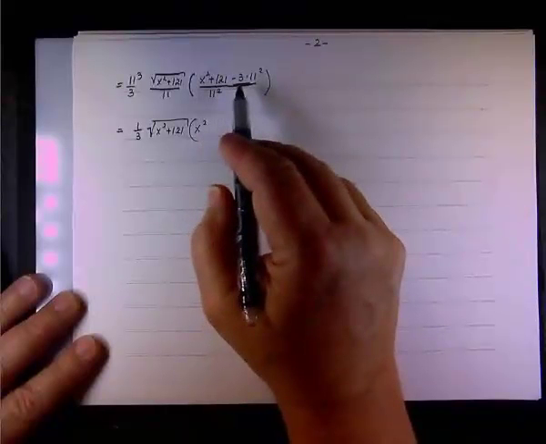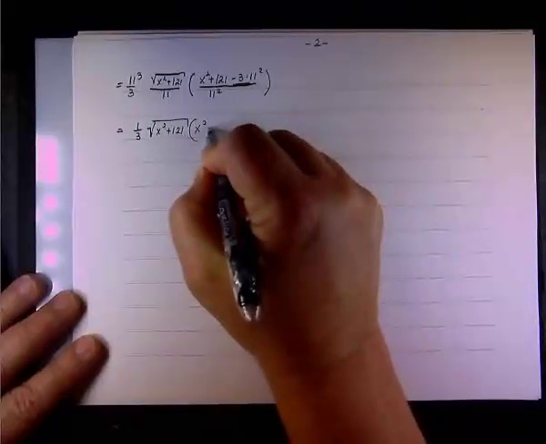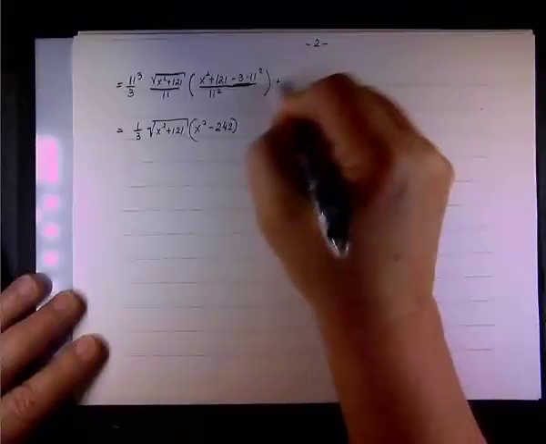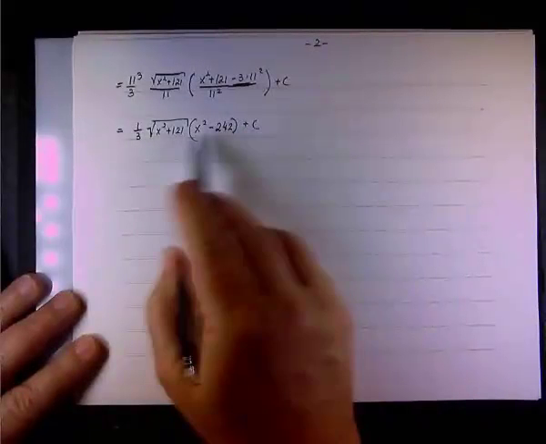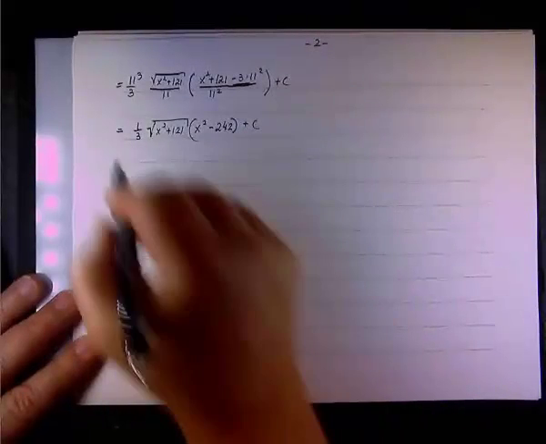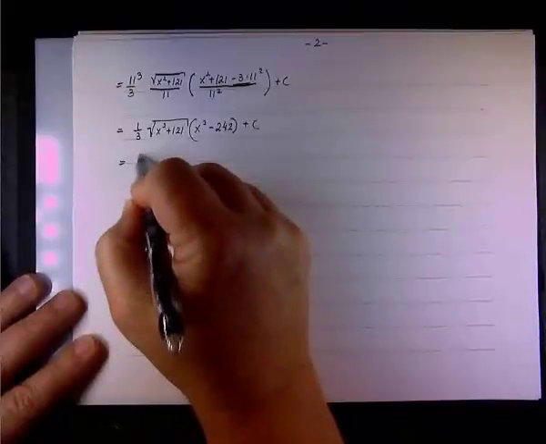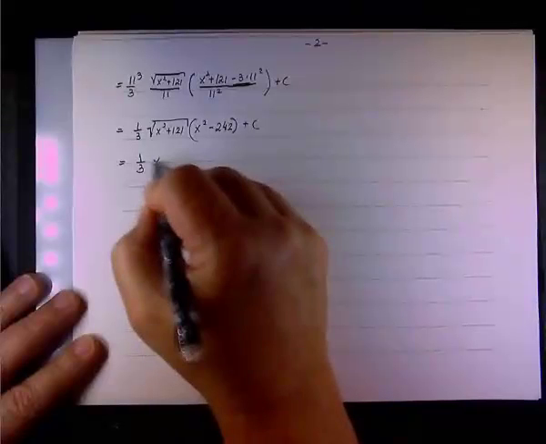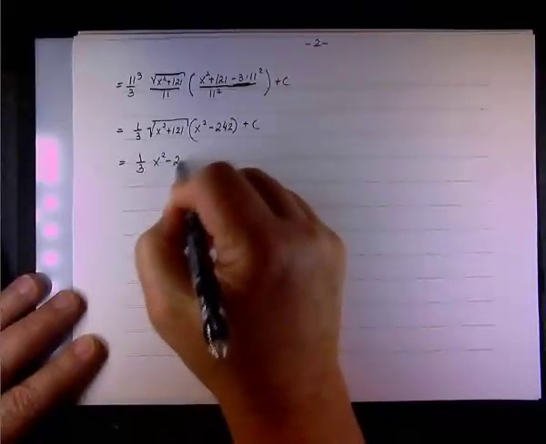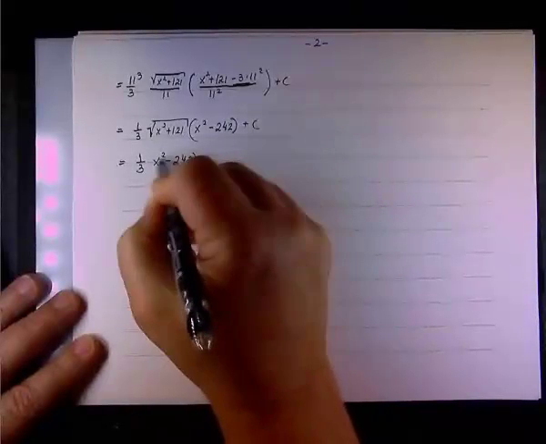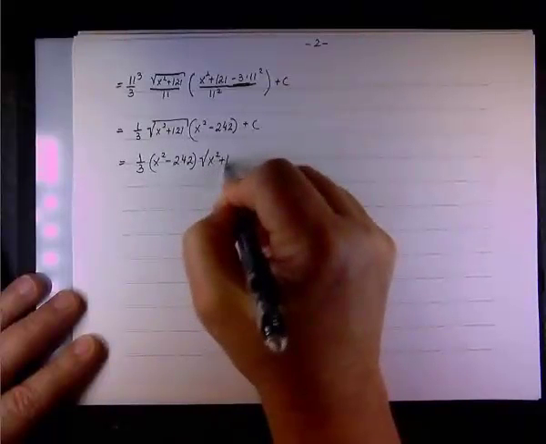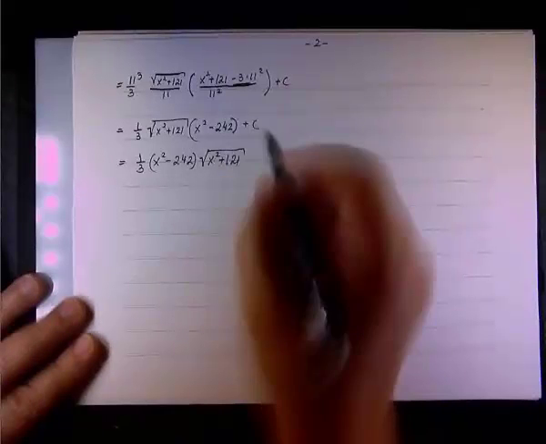So we have 1/3 outside, and here we have the square root of x squared plus 121. And what's left here is x squared, and this is 3 times 121, and this is plus 121. So you end up having a net of 2 times 121, or 242. So minus 242, like so, plus c.